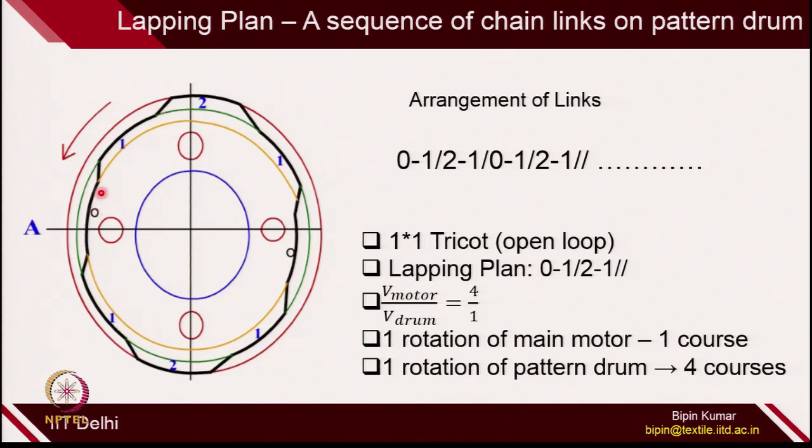So, swinging, shogging, swinging, shogging. So, once you complete 2 swinging and 2 shogging, 1 course is completed. So, every 90 degrees you are completing 1 course in the machine.